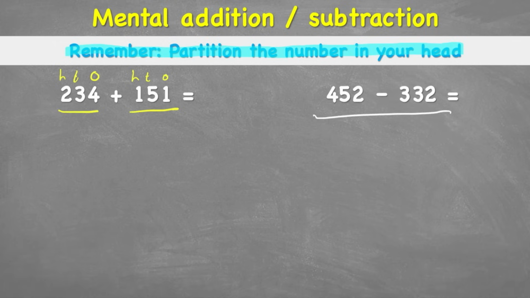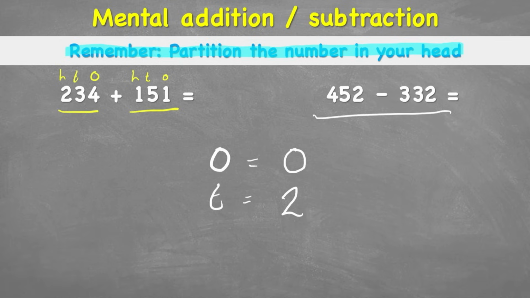Let's look at the second one, the subtraction question of 452 subtract 332. And let's do this all in my mind without writing anything down. So 452 subtract 332. Well, I can hear that my ones is going to be 2 subtract 2, which obviously equals 0. My tens in 452 subtract 332, I have 5 tens subtract 3 tens, and that's going to equal 2 tens.